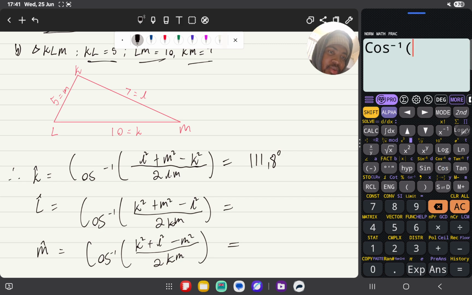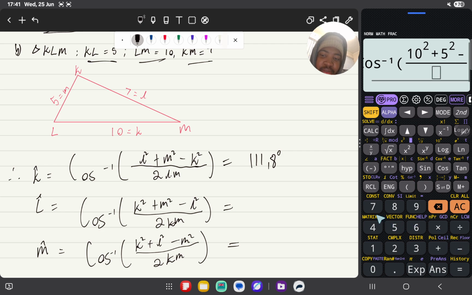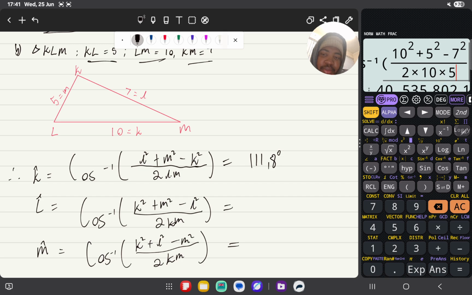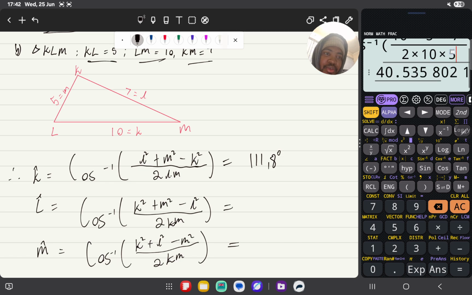Let's go again for the second one. Cos L, it's 10, so we have 10 squared plus M, which is 5 squared, minus L, which is 7 squared, then 2 times 10 times 5, right? Let's make sure the values are fine. So it's K squared, which is 10, 5 squared, which is M, minus 7 squared, yes, and then 2 multiplied by K, which is 10, M, which is 5. So that's fine.